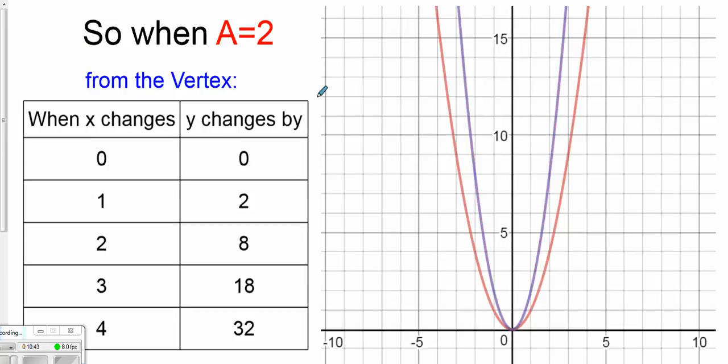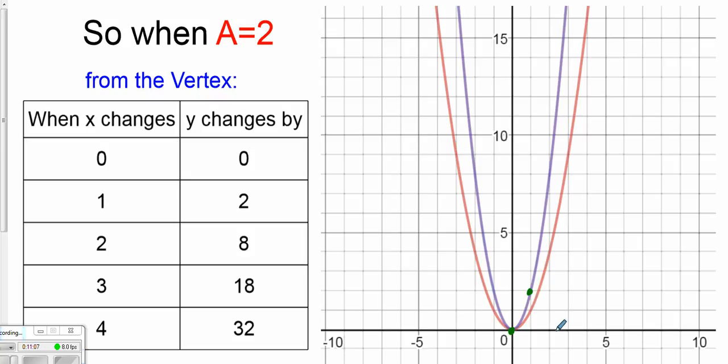When our a value is 2, so notice this red parabola is still just a regular a equals 1, so x squared. But if we start again from the vertex, this time, when our a value is 2, if x changes by 1, so come 1 over, our y actually jumps up 2 instead of 1.